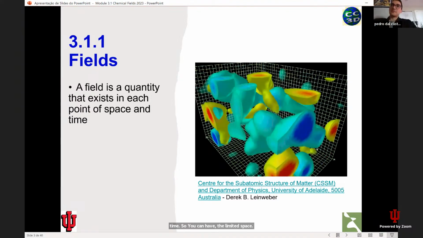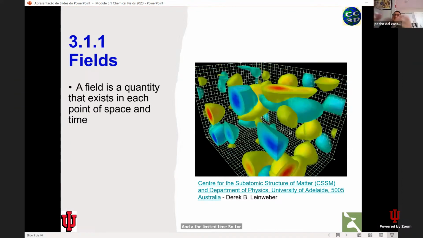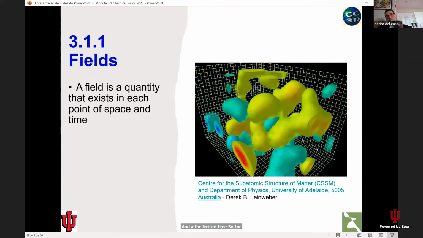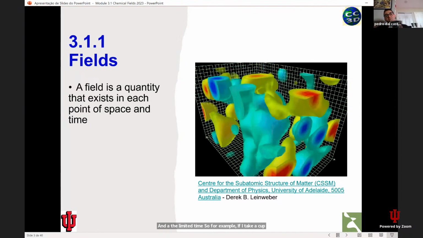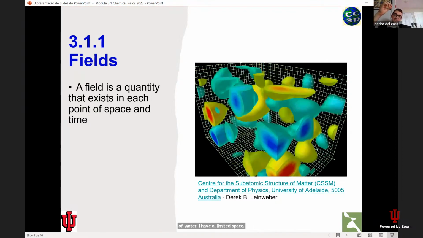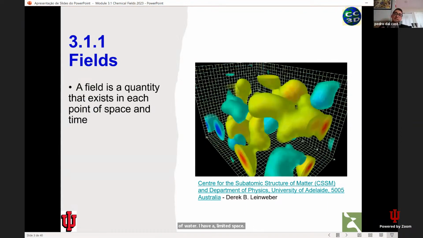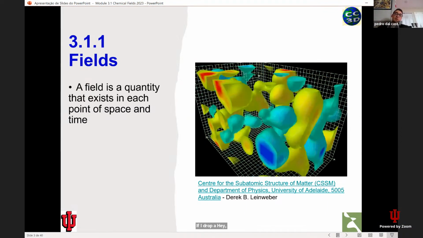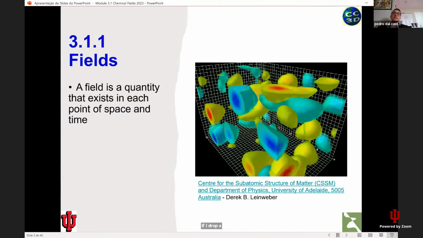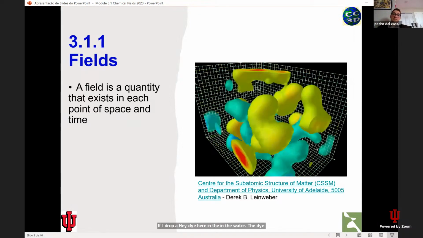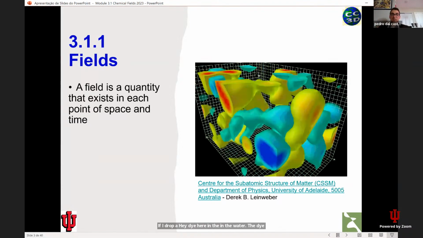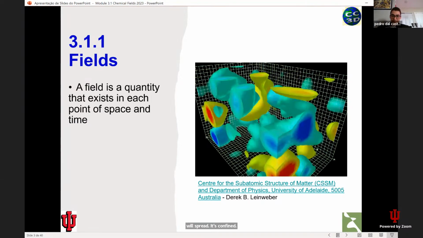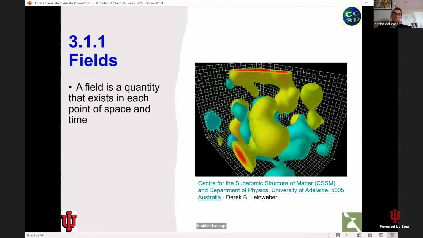So for example, if I take a cup of water, I have a limited space. If I drop a dye here in the water, the dye will spread. It's confined inside the cup, and it's also confined in time.